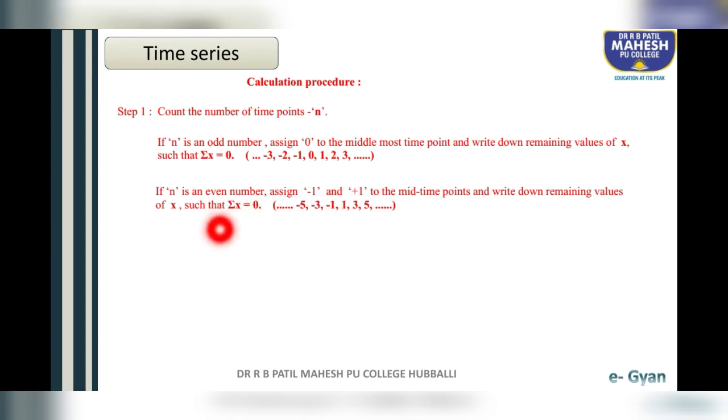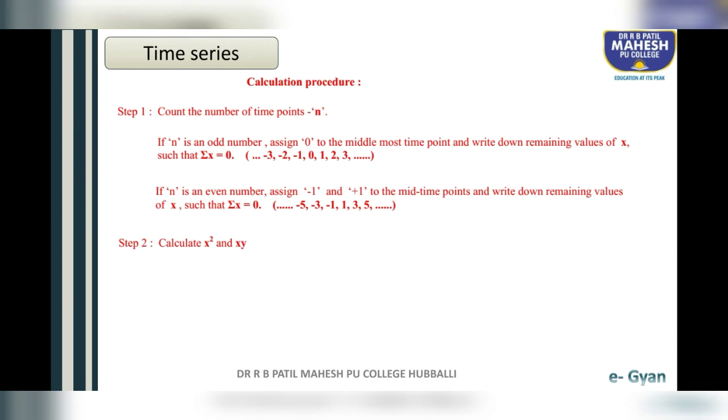Again here also summation x is always 0. If even numbers are given, the middle values are minus 1 and plus 1, then minus 3, minus 5 like that, and the values 1, 3, 5 increase.